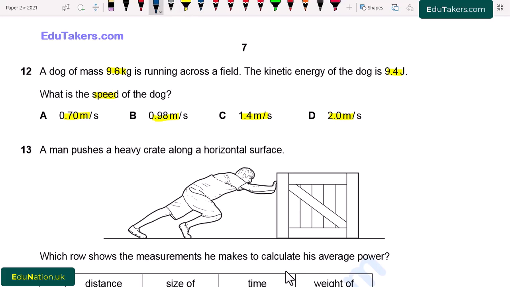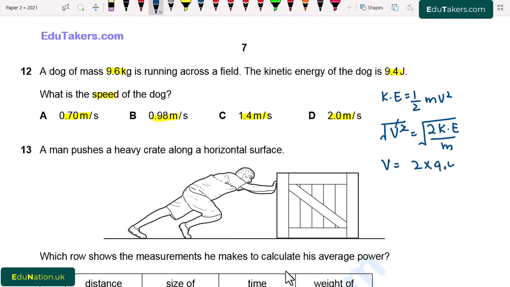I write here KE = 1/2 mv², and we have to find out the value of v. So by rearranging this equation, v² = 2 KE / m, and by taking square root on both sides, v will be equal to the square root of 2 multiplied by kinetic energy 9.4 divided by mass 9.6.